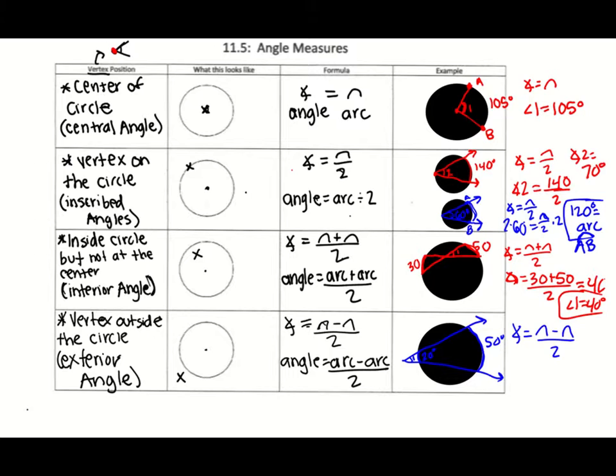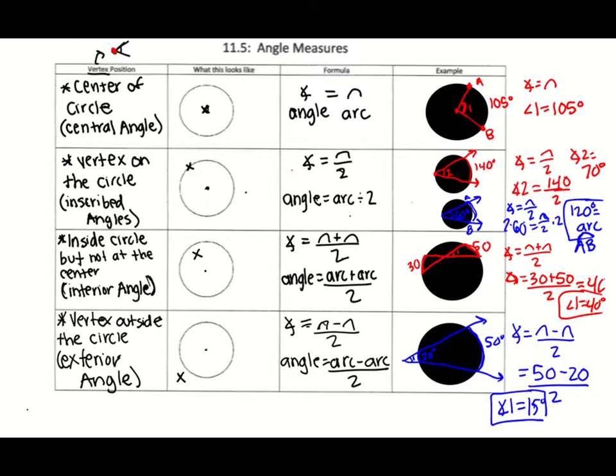So our angle equals arc minus arc over 2. Plug in those numbers. Our big arc is 50. Our smaller arc is 20. And divide that by 2. We're left with angle 1 equals 50 minus 20 is 30, divided by 2 is 15.